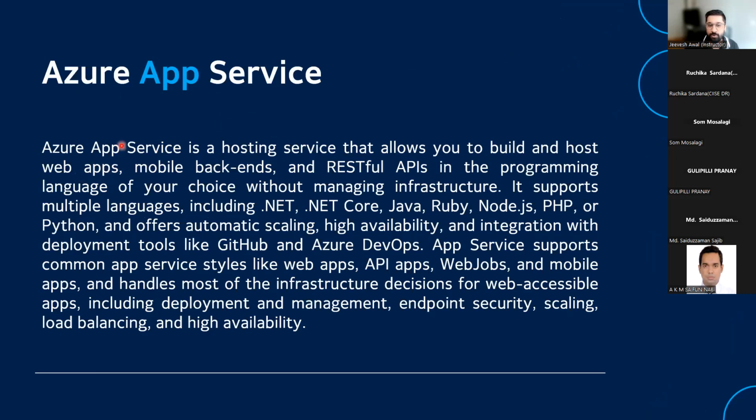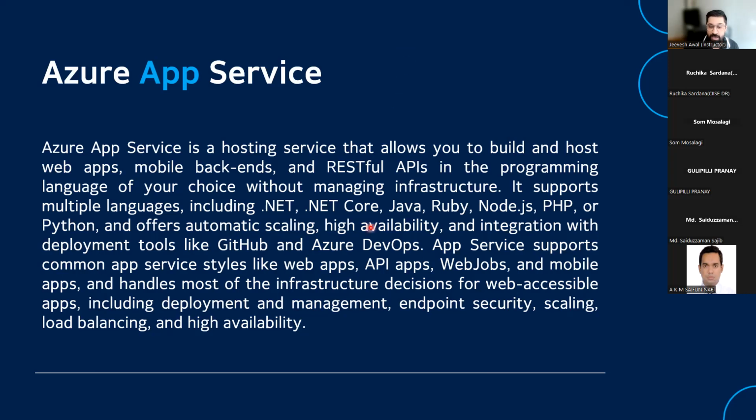Now, this is more of a step ahead from IaaS. Please understand what happens over here. You can have applications like web applications, mobile backends, RESTful APIs, and it supports languages such as .NET, .NET Core, Java, Ruby, Node.js, PHP, Python, and it offers stuff like automatic scaling and high availability.